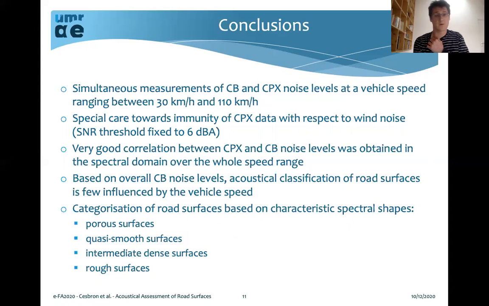We obtained very good correlation between CPX and coast-by noise levels in the spectral domain over the whole speed range. Based on coast-by noise levels, an acoustical classification of road surfaces was obtained, and this classification is little influenced by the vehicle speeds. And finally, we have obtained a categorization of road surfaces based on characteristic spectral shapes: porous surfaces, quasi-smooth surfaces, intermediate dense surfaces, and rough surfaces.